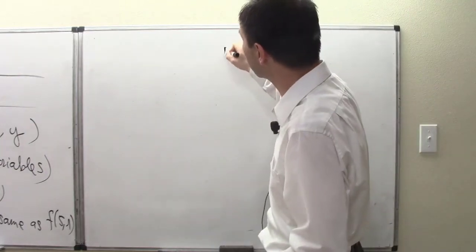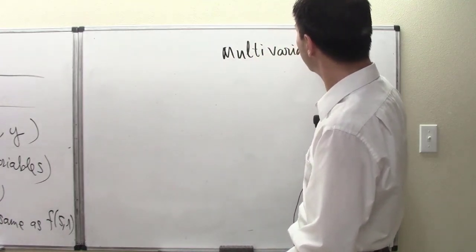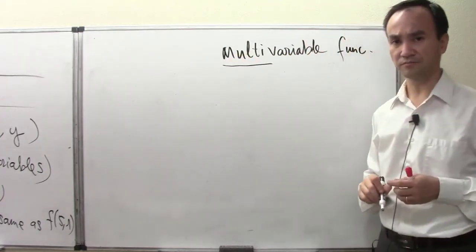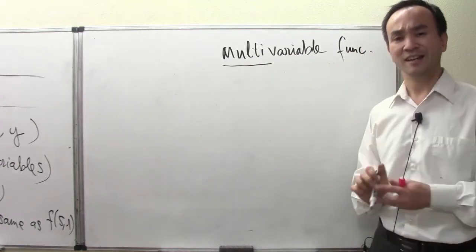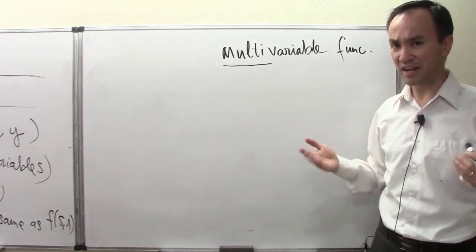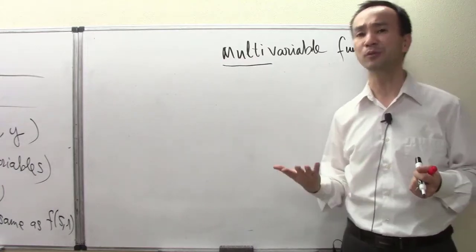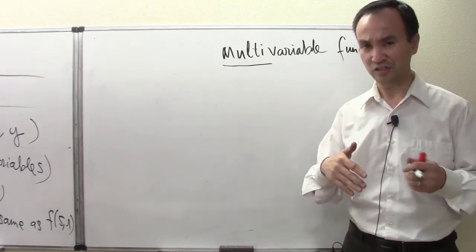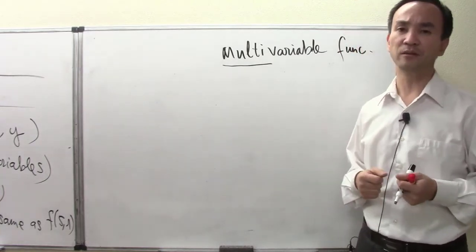I specifically need to underline that prefix multi. It just means many, anywhere more than one. Just now throughout example 1, we got ourselves comfortable evaluating functions of 2 variables. So that's one example of multivariable functions already.